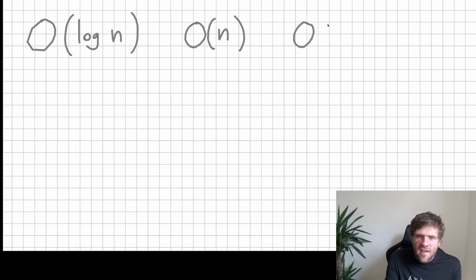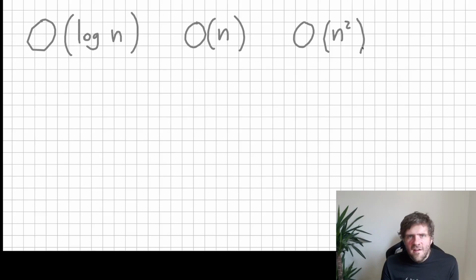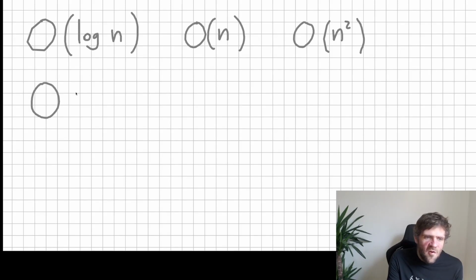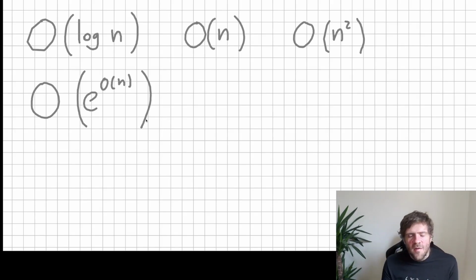But once you start getting to O of n squared, then that's the point where real life programmers who have to run things are going to start to wonder whether it might not be that you can do it a bit more efficiently than that. But if we then go to the extreme of things like O of e to the n, so where the amount of computational effort you need goes up exponentially with the digits, then that is pretty horrible.